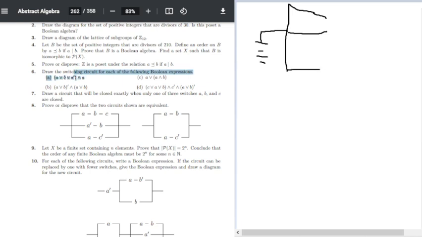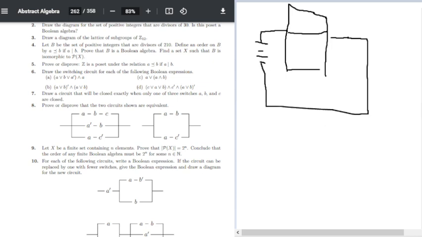And then we have meet A, and we have A, B, A prime, A. Now the thing to note about this example is that because A join A prime is equal to our maximal identity, this circuit actually just reduces down to just A.